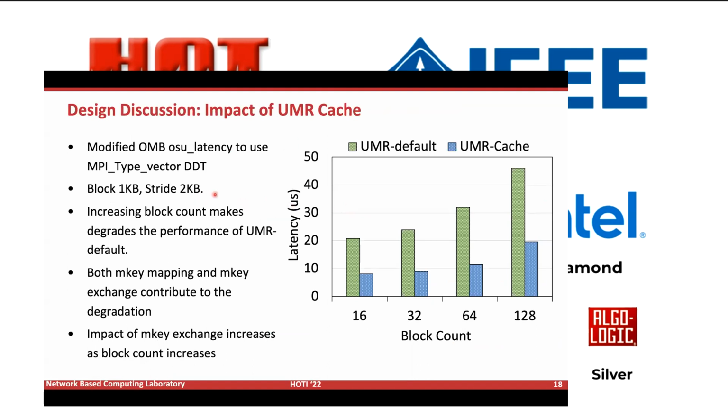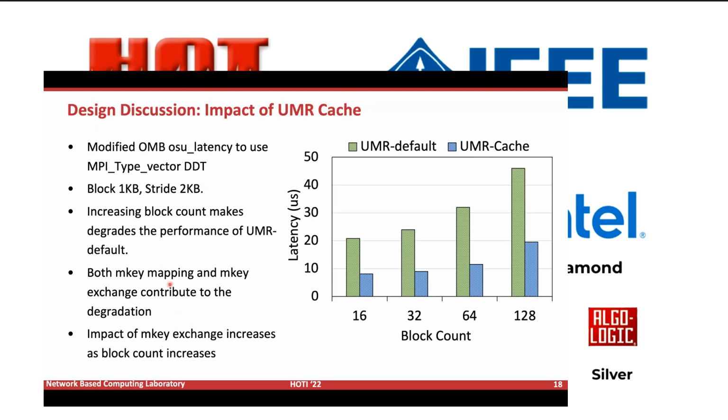In this slide, we show the impact of the UMR caches that we propose compared to the default scheme. We have used a modified version of the OSU OMB benchmark with MPI type vector DDT support. The block size that we have used is 1 KB, and the gap between them is 2 KB. We have tried this for other block sizes as well, and we see similar performance.